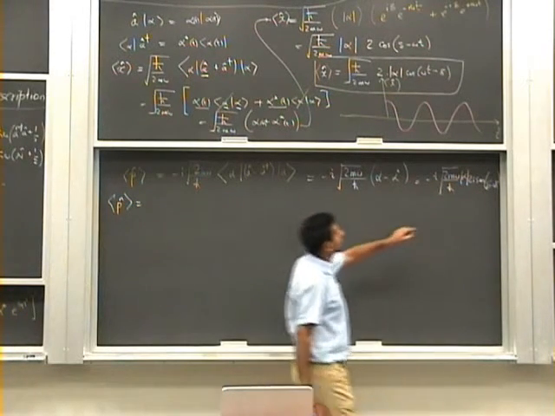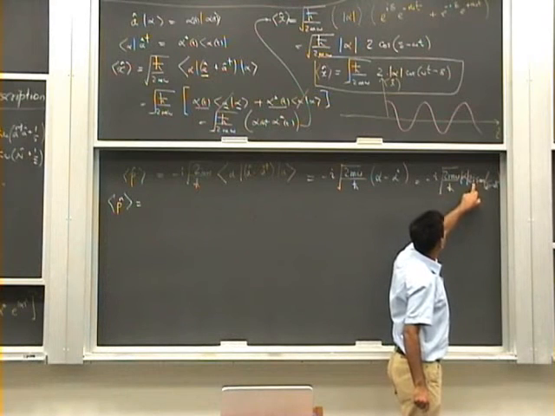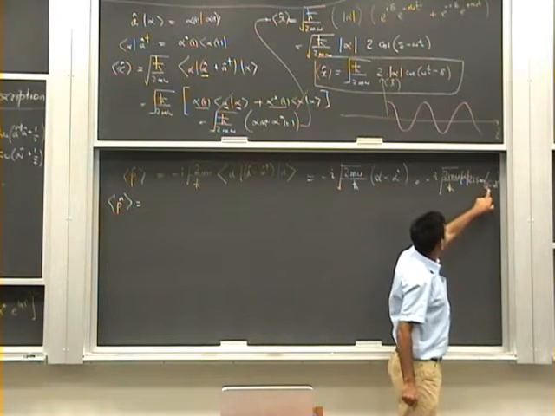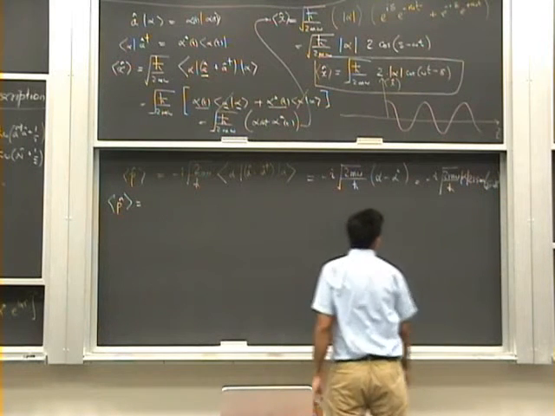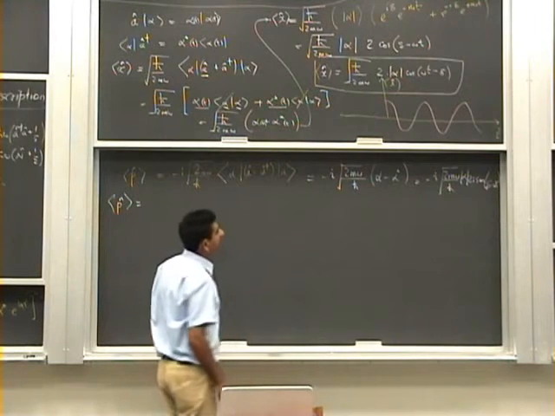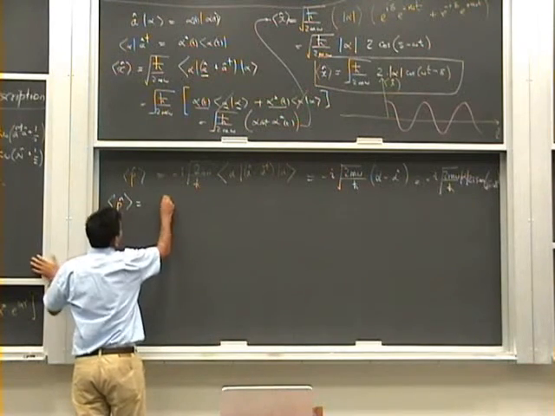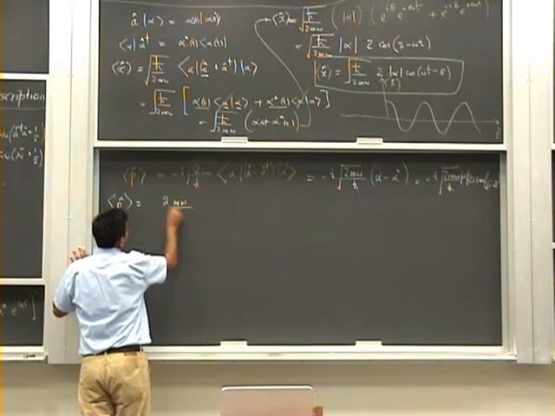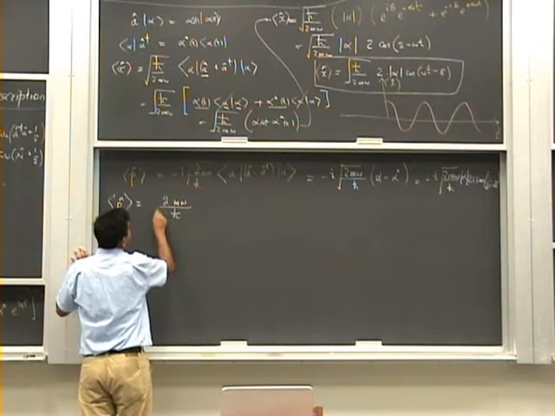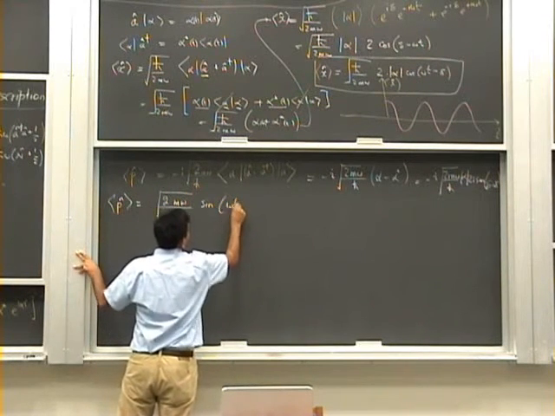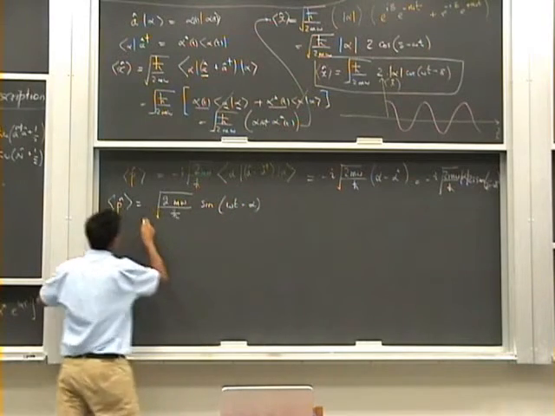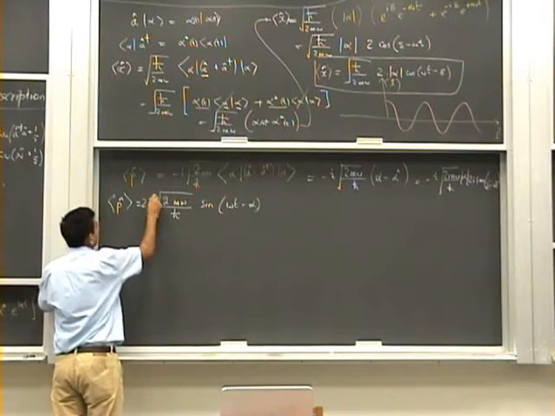This minus i multiplies with i to give me plus i squared, minus. I can take this minus inside. When I take this minus inside, I get a sine of (ωt minus δ). So I have 2mωħ sine of (ωt minus δ), of course with a 2 here and an α magnitude.